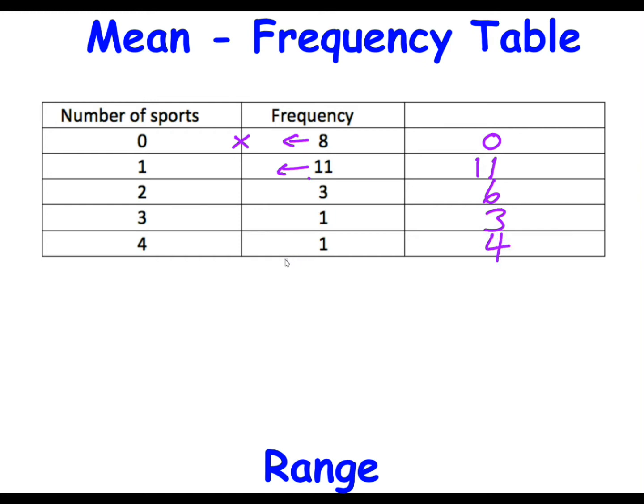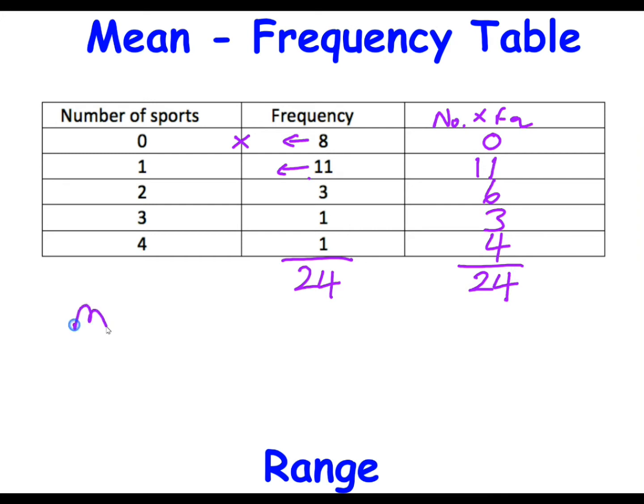And what you have is a total frequency. In other words, the total number of people that you asked. So we asked 24 people. And over on the right here, this number of sports times our frequency gives us the total number of sports that people play. So 11, 17, 20, 24 sports.